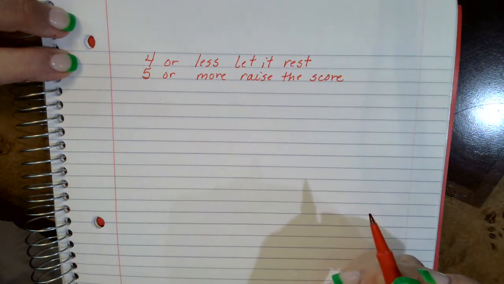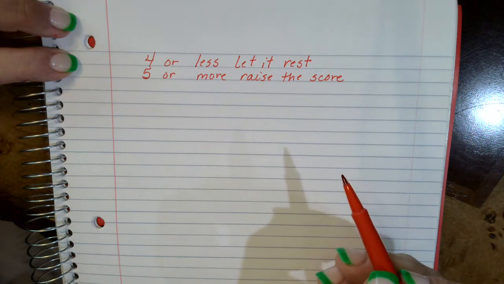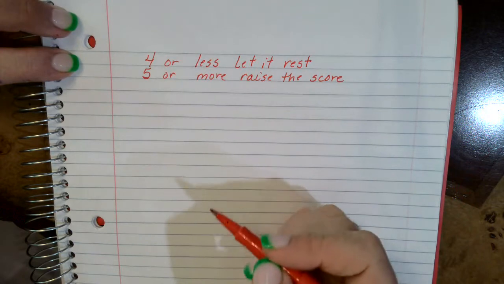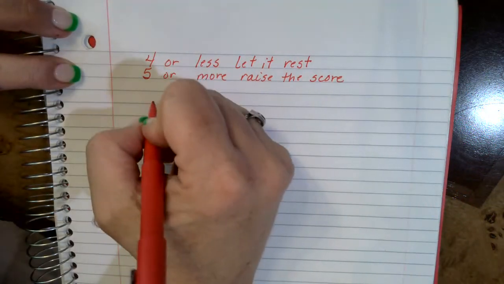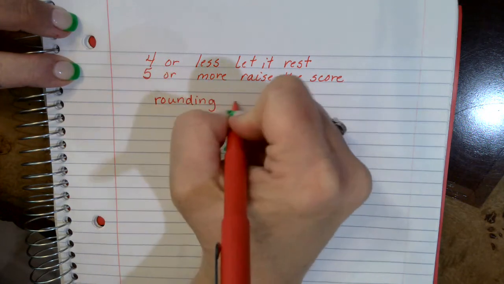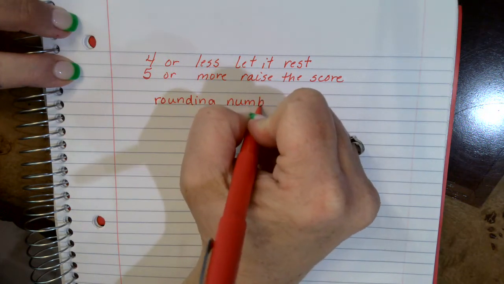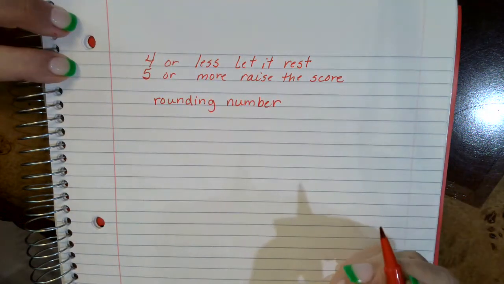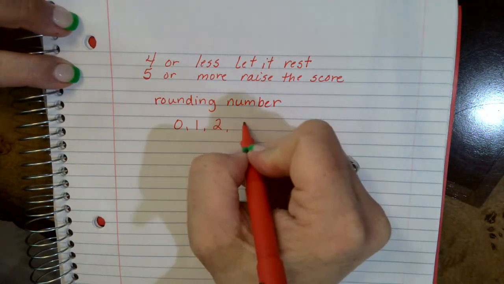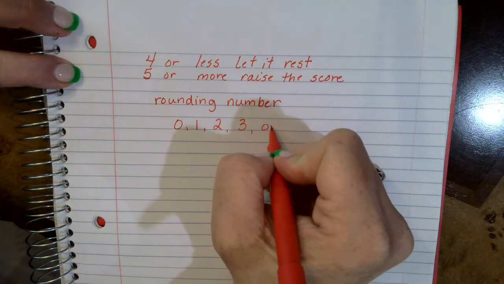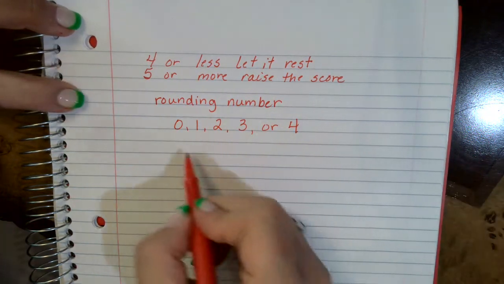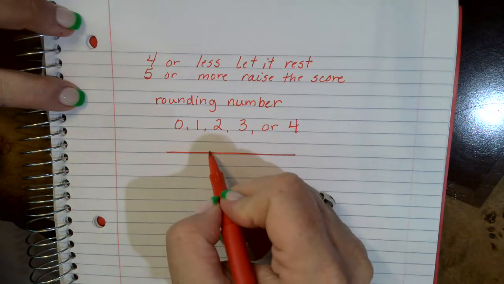If we have a whole number, everything to the right is replaced with 0, but not the rounding number. So it says, what happens to the rounding number? Well, if it's 0, 1, 2, 3, or 4, the rounding number stays the same. So let's look at this.